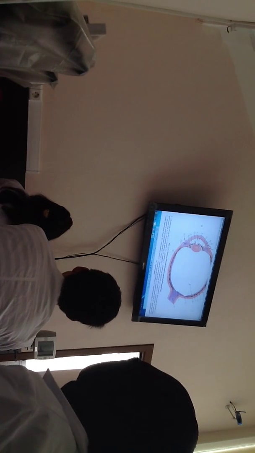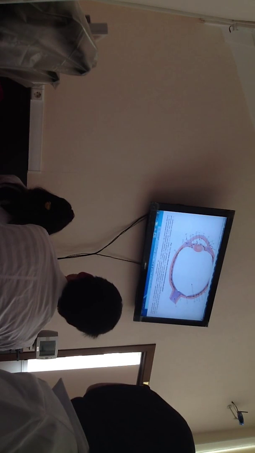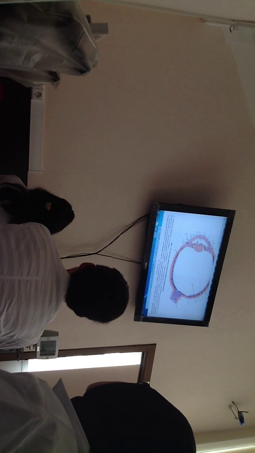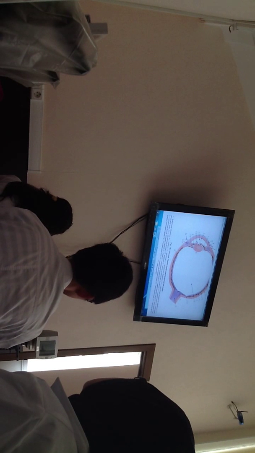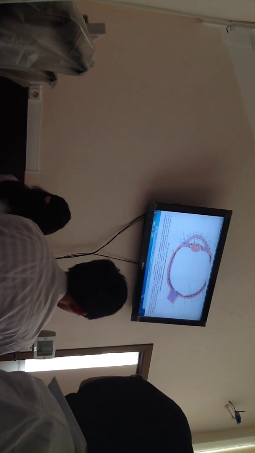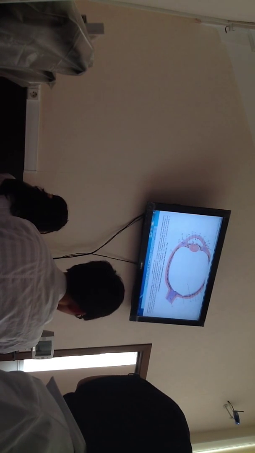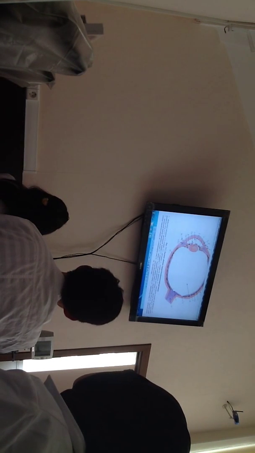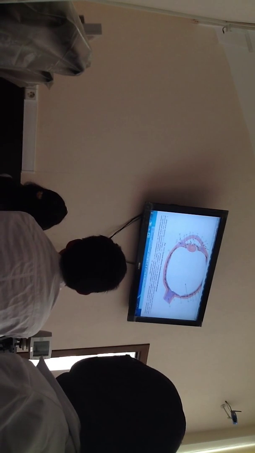Light enters the eyeball through the cornea, then through these chambers, through the fluid, through the pupil, then crosses the lens, is refracted, and reaches the retina.